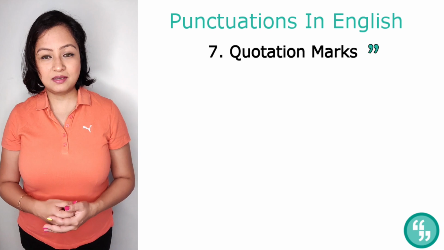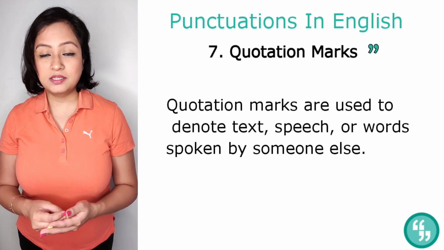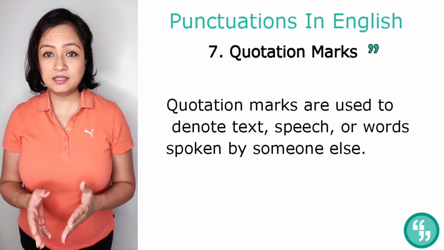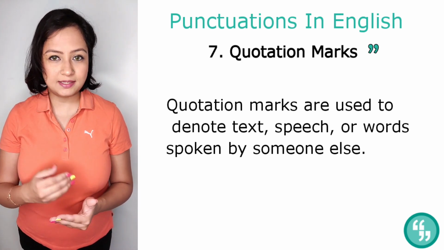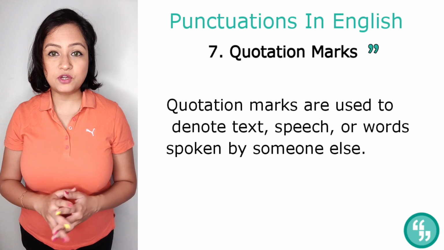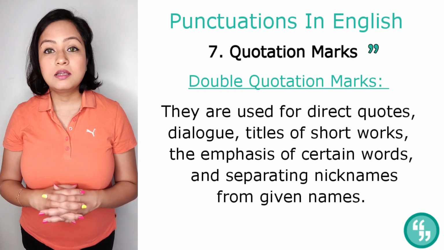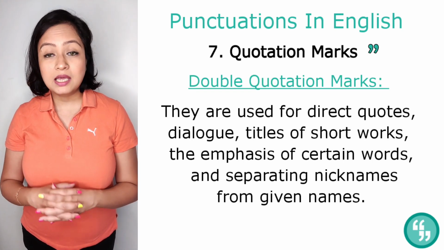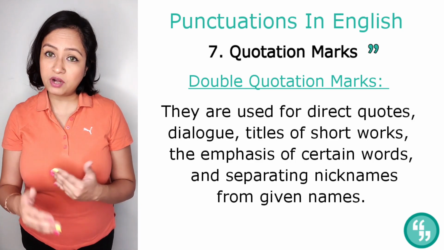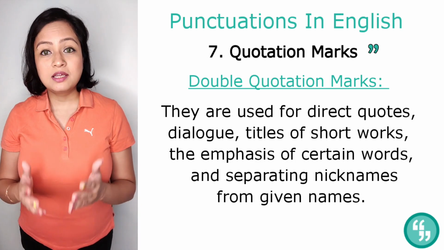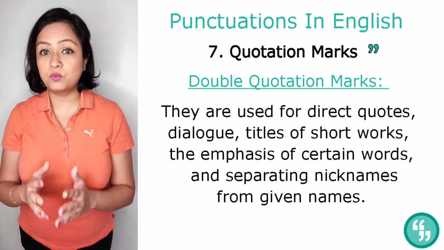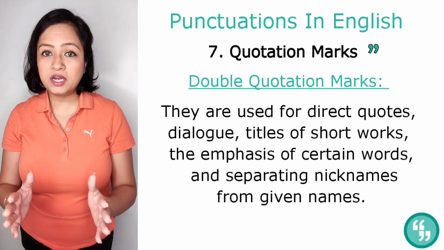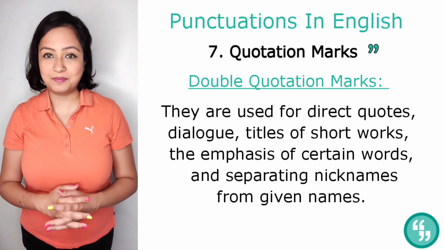Quotation marks. Quotation marks are used to denote text, speech, or words spoken by someone else. There are two types of quotation marks. Double quotation marks are used for direct quotes, dialogue, titles of short works, the emphasis of certain words, and separating nicknames from given names.